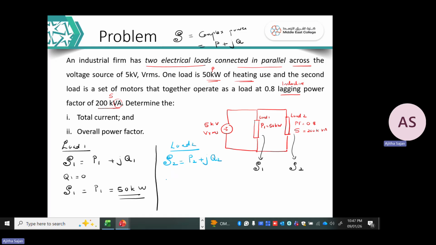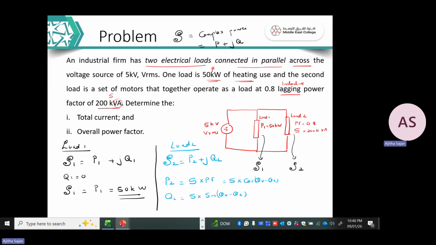P2 is equal to apparent power S into cos(theta V minus theta I). Similarly, Q2 is apparent power S into sine(theta V minus theta I). Cos is the power factor, and the other is sine(theta V minus theta I).